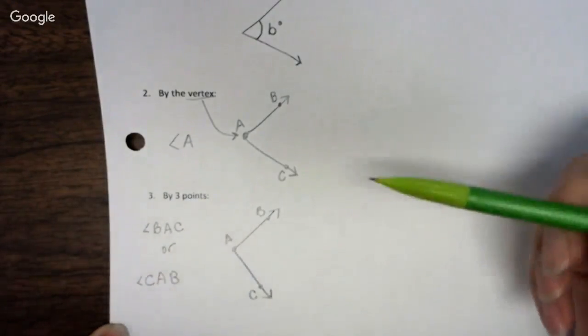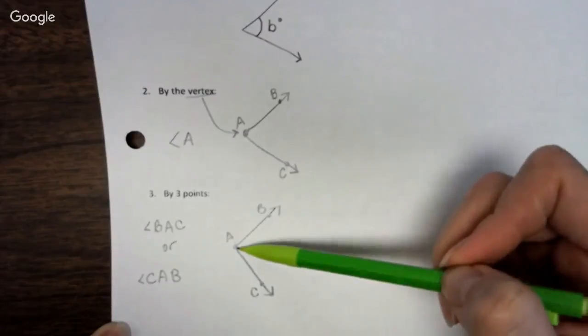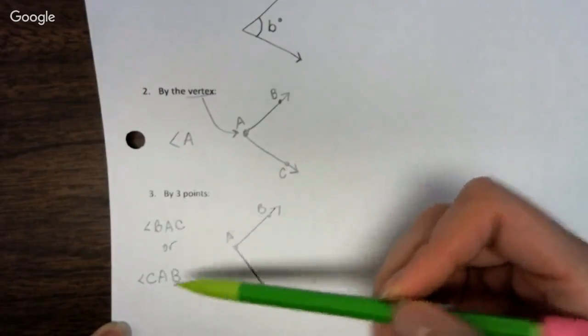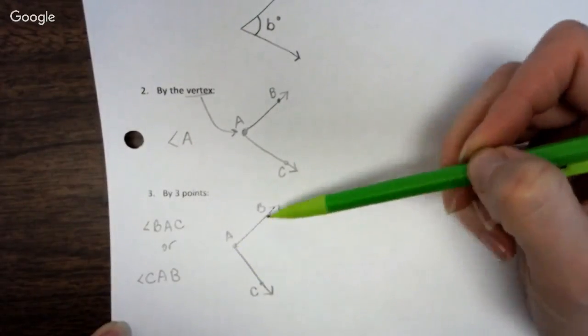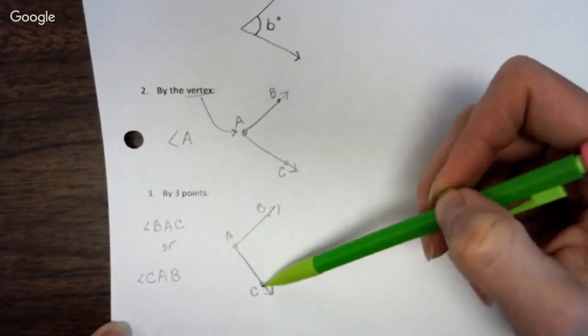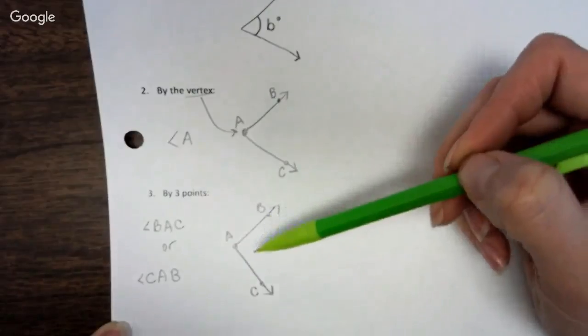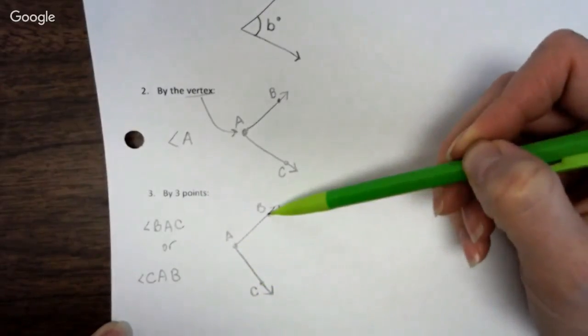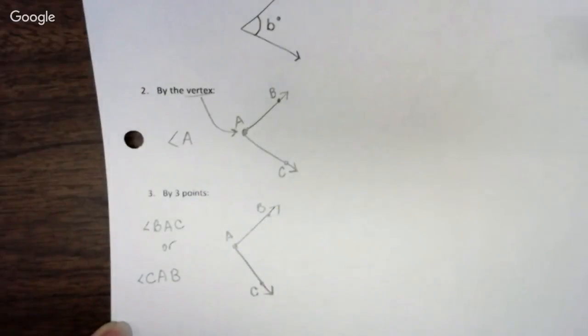Now, there's only 2 ways to name this angle because this vertex has to be the center letter. So notice that A is in the middle. We cannot call it ABC because B is not the vertex. I like to just say, just trace the angle, CAB or BAC. It doesn't matter which way you go.